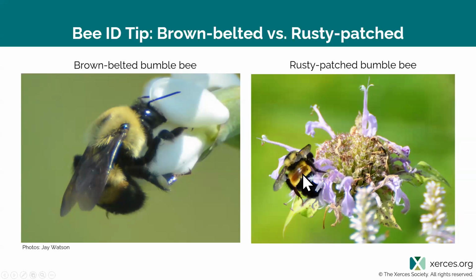The rusty patch bumblebee, in contrast, while they have that rusty patch color there in the center of that segment of the abdomen, the rest of the abdominal segment is yellow. So that is the key thing to look out for when you're differentiating between these two species. You also are going to want to look for the color patterns on the thorax. For brown-belted bumblebees, they have a dot in the middle of their thorax, whereas rusty patch bumblebees are going to have that umbrella shape.